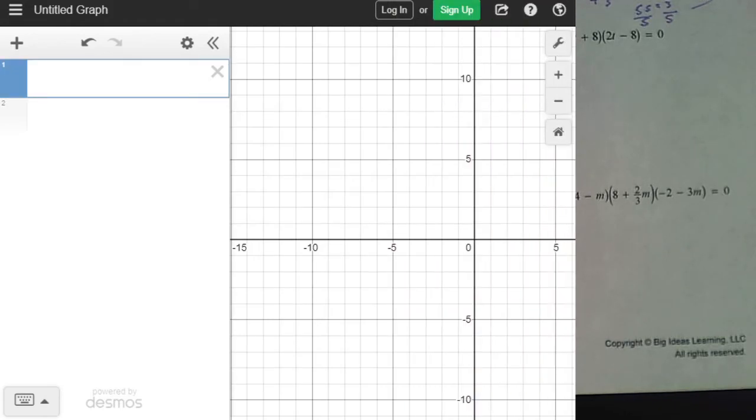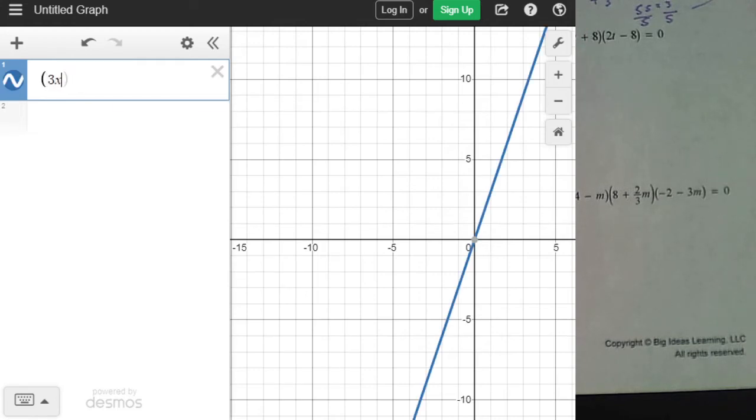So let's go ahead and look at this one graphed, because sometimes it just helps us to see the graph there.